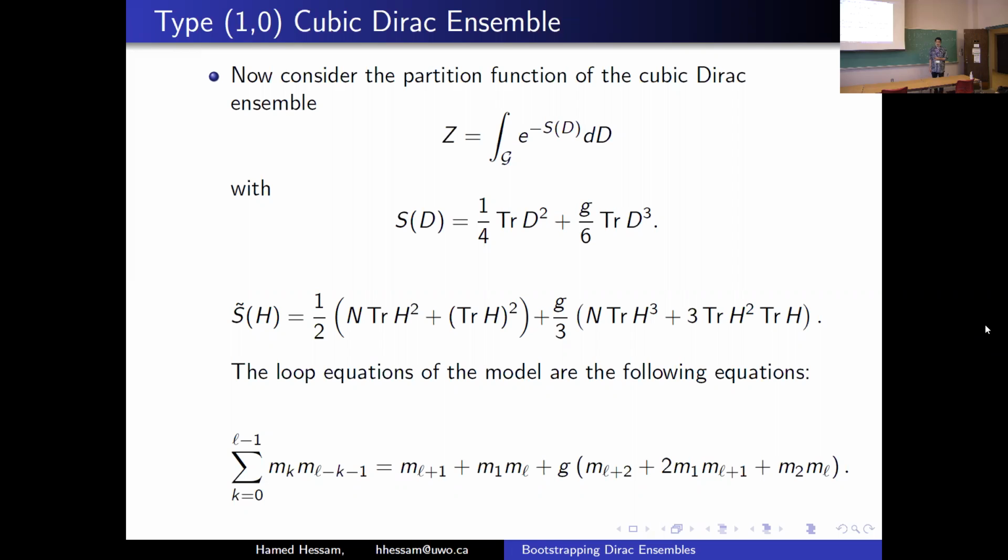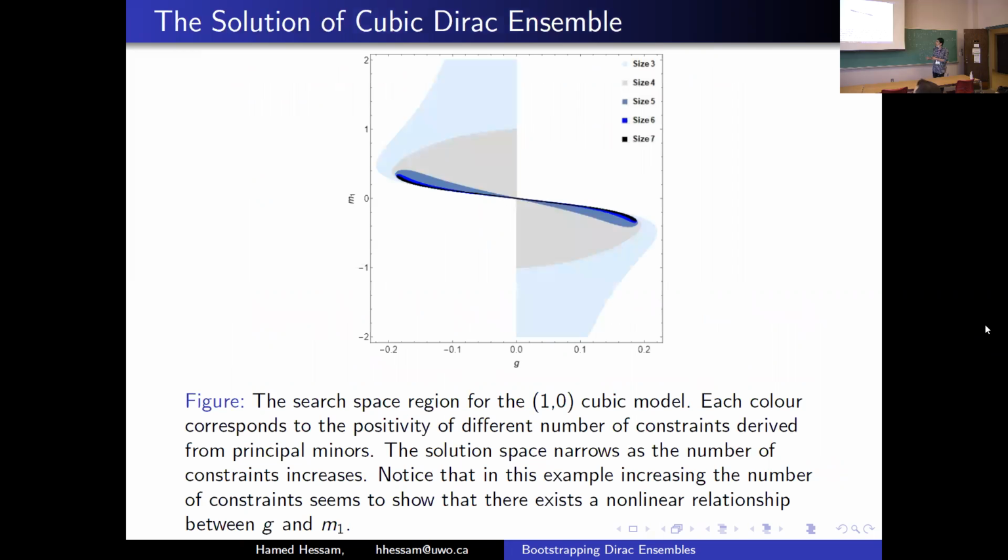Yeah. But then the unsolvable one. This is just warm up for the multimatrix. So the solution of this cubic case, and different color means the different size of the matrix of the moments we put for the constraints.